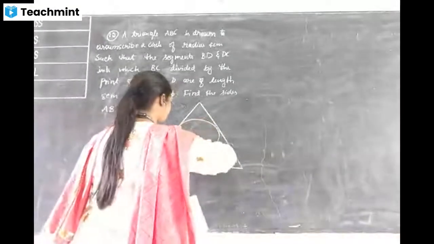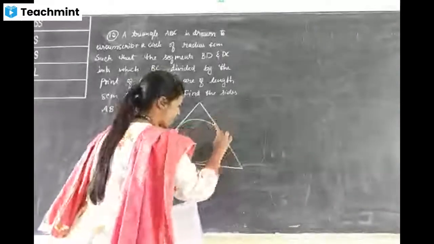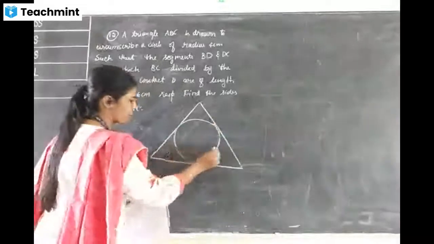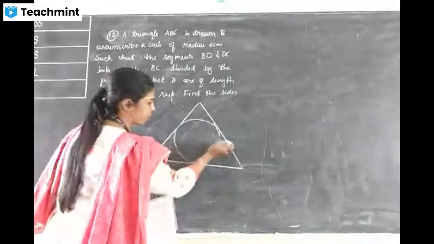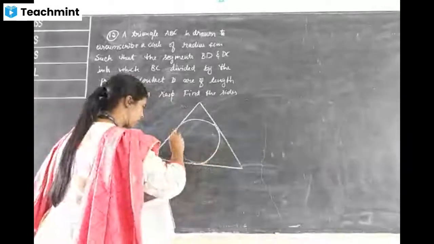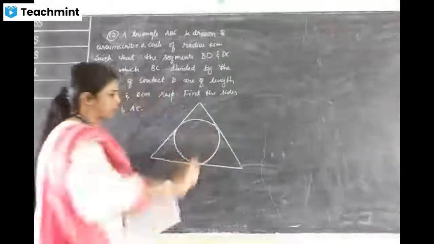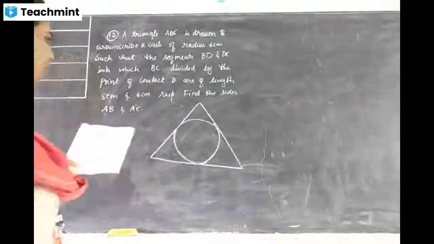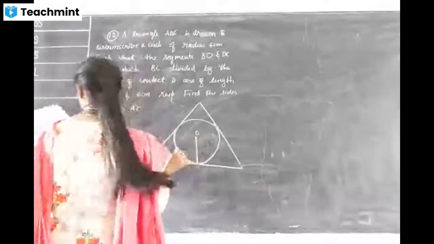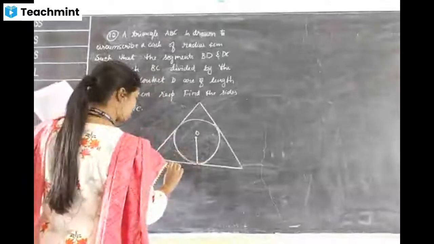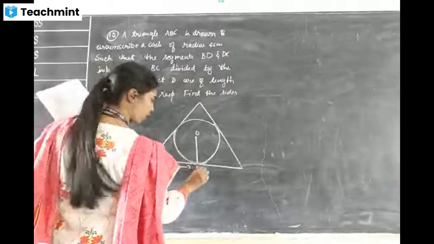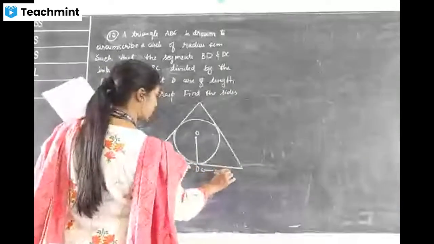Circumscribe a circle inside the triangle. See, 6 centimeter, this point is given as D. Here 8 centimeter.